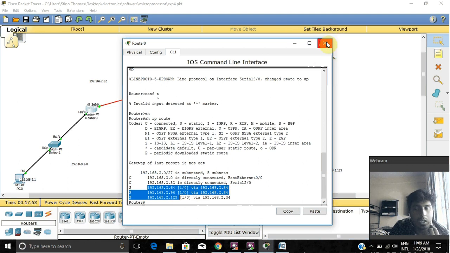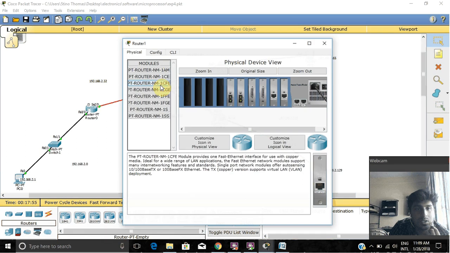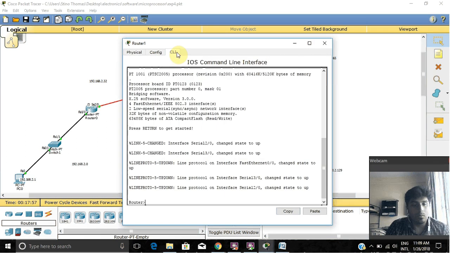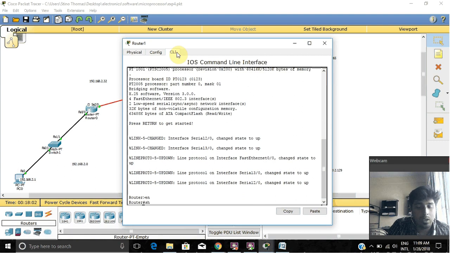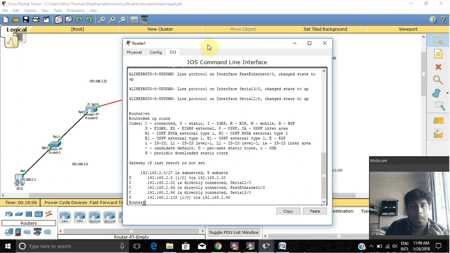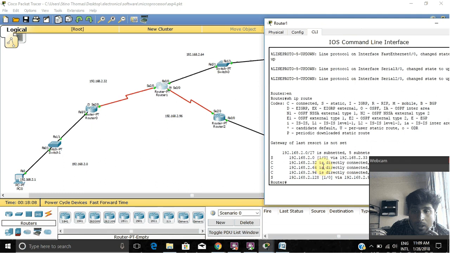And similarly with router 2, when we give show IP route, we could see that 32 was connected directly, and 96 was also directly connected, and to 2.0 it can reach only through this router, that is 2.33.